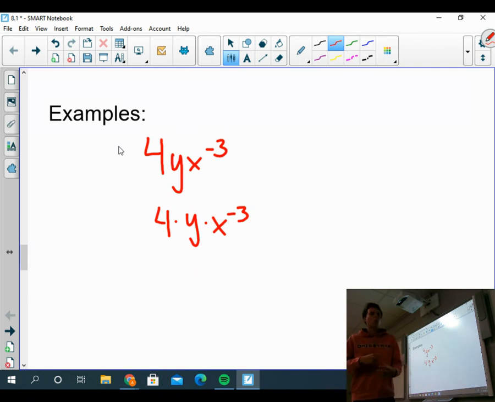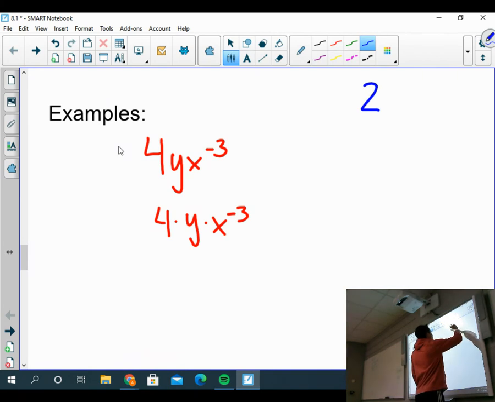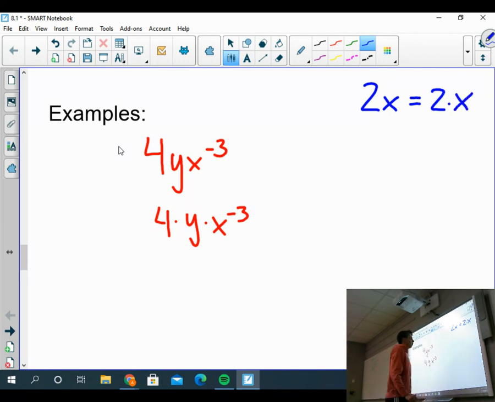Okay, and I could rewrite these in any order that I wanted with the commutative property, but it's really important we understand that these are all being multiplied together. 4 times y times x to the -3rd, right? And it's the same logic we've used in previous sections, right? When we see 2x, we understand that means 2 times x, okay?